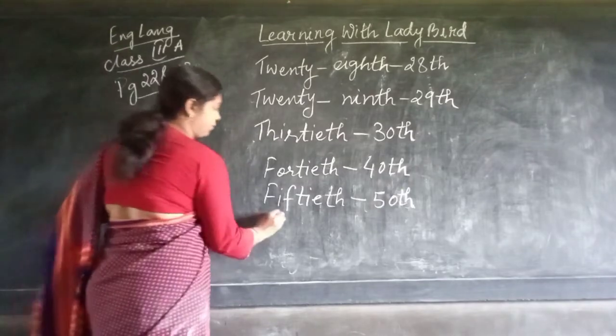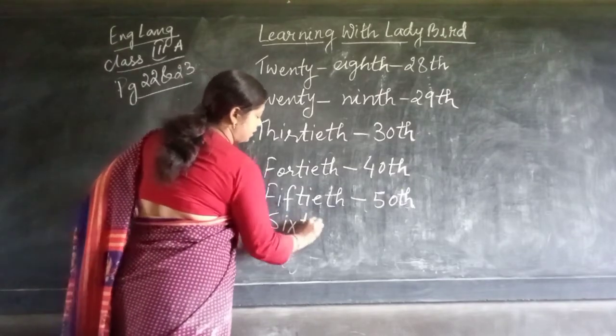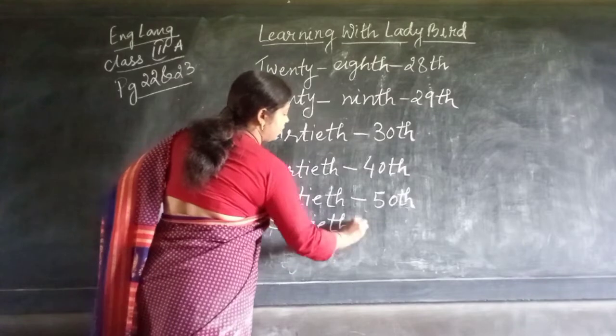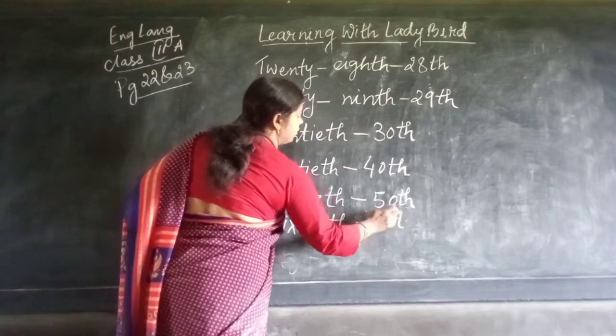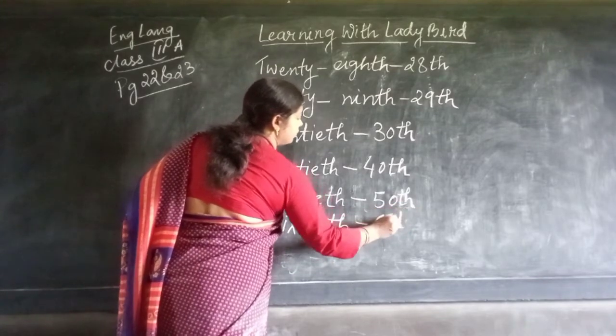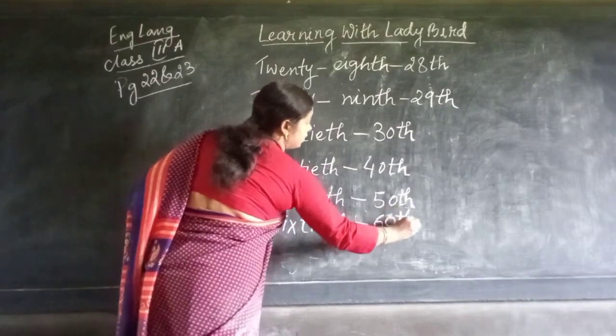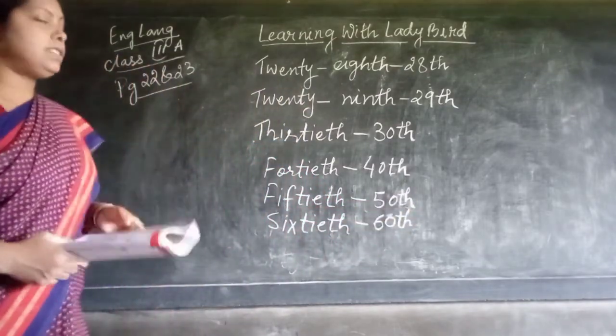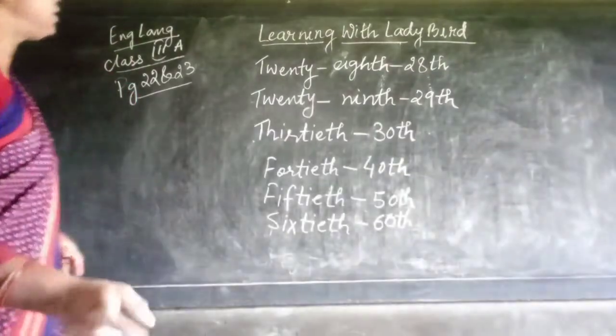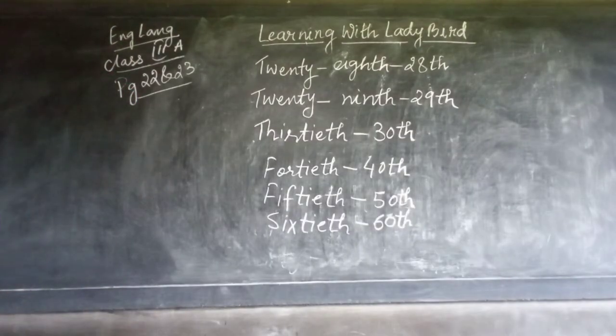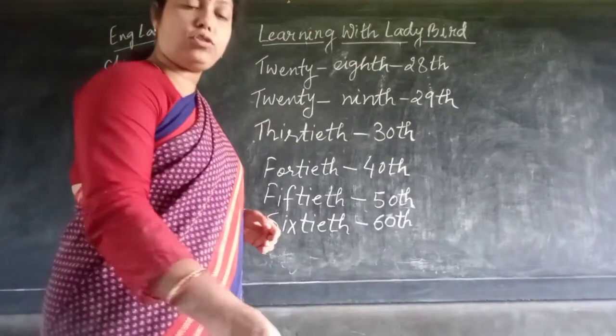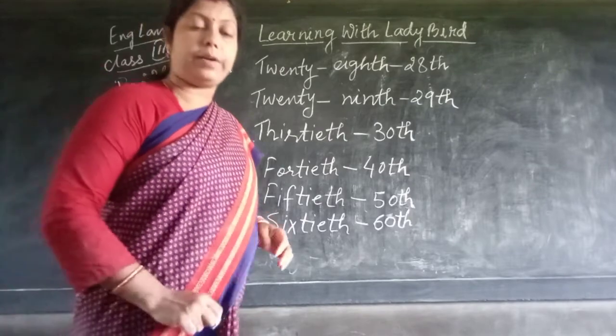Then 60th, sixtieth. Once again you see this one: 28, 29, 30th, 40th, 50th, 60th. So we have done page number 22. Now we are going to do page 23.